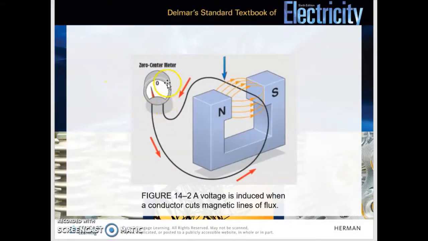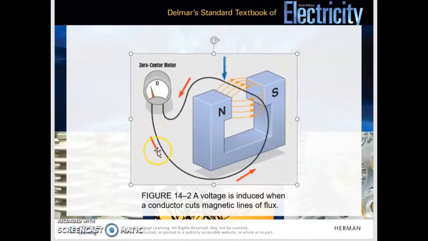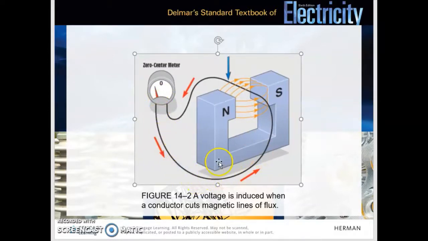Here we see a voltage meter with 0 in the center of the meter, and this is just a conductor, a copper wire that's connected to the meter. There is no external voltage source connected to this wire.